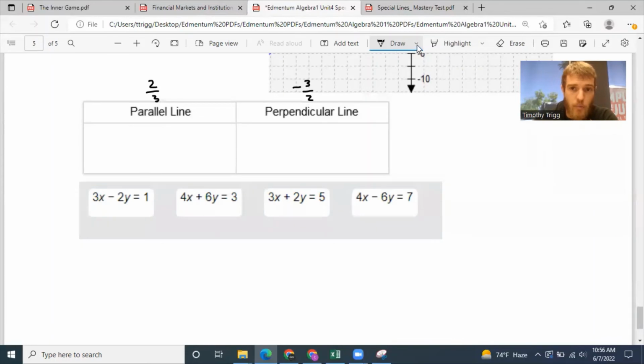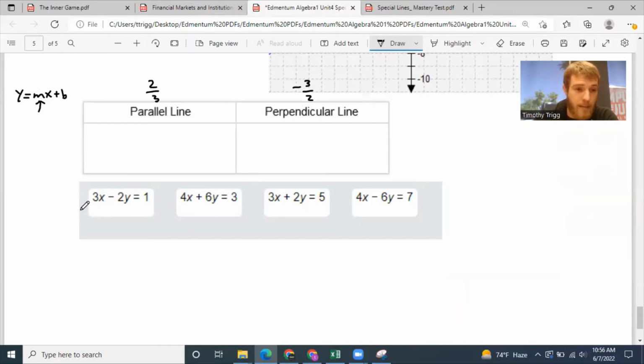Now, how do we find the slope? Well, what we can do is just solve for y. In other words, get y by itself. Once you're in the form y equals mx plus b, then we can clearly and easily see what the slope of the line is. It's whatever the coefficient for x is. So let's go ahead and try this first one here.